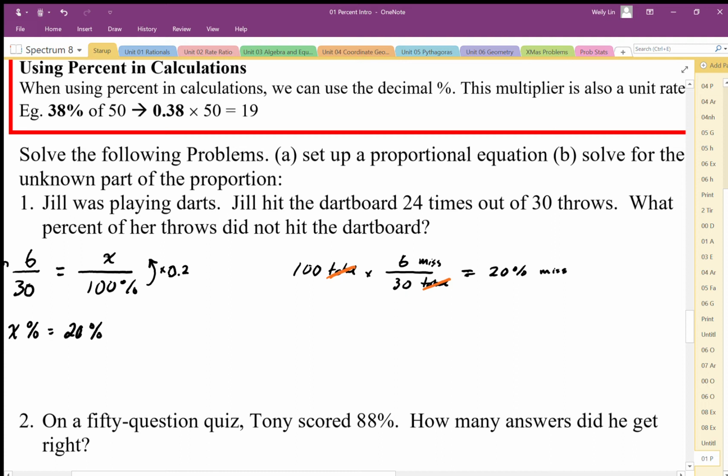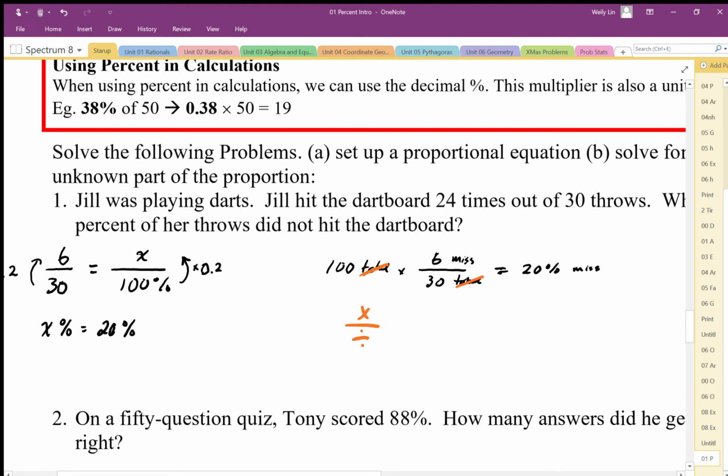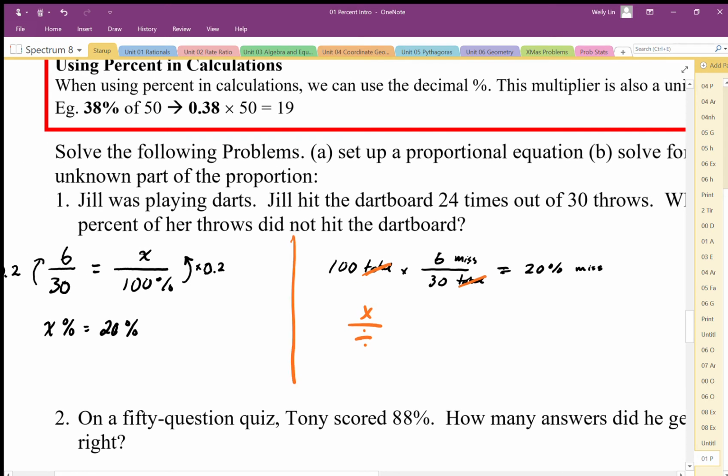And really this is based on times on top, divide on bottom, and the fact that times and divide will cancel each other out. So this is a strategy. I'm just going to put it off to the side here, because this strategy to the right is something that you're going to end up using much more later on. But for now, we want to really just make sure we're focusing on this proportional equation.